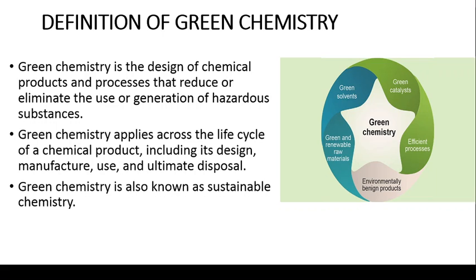Green chemistry also applies across the life cycle of a chemical product, that includes designing, manufacturing, use and disposal. So when you are studying the life cycle of a particular product in processing, green chemistry can be applicable at any stage, maybe during designing or manufacturing or use or during the disposal of that particular product.